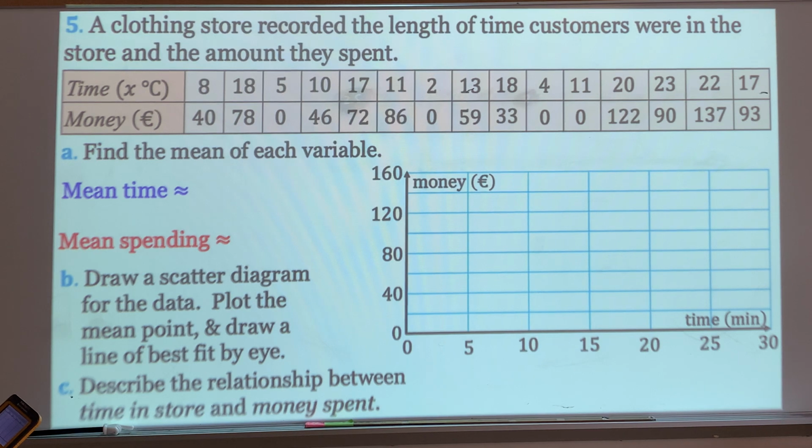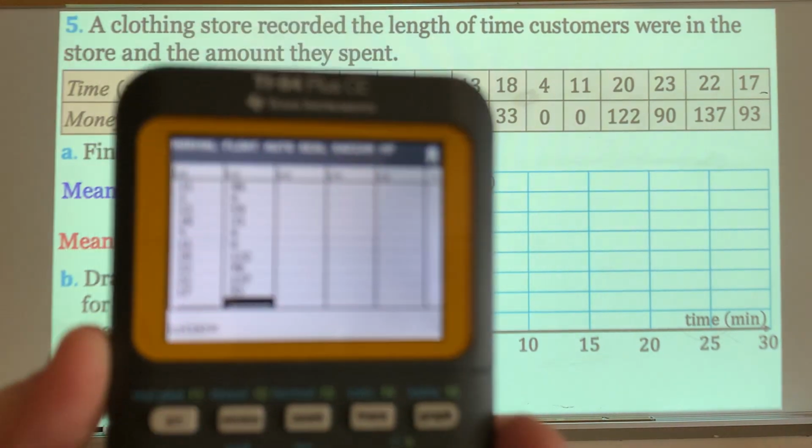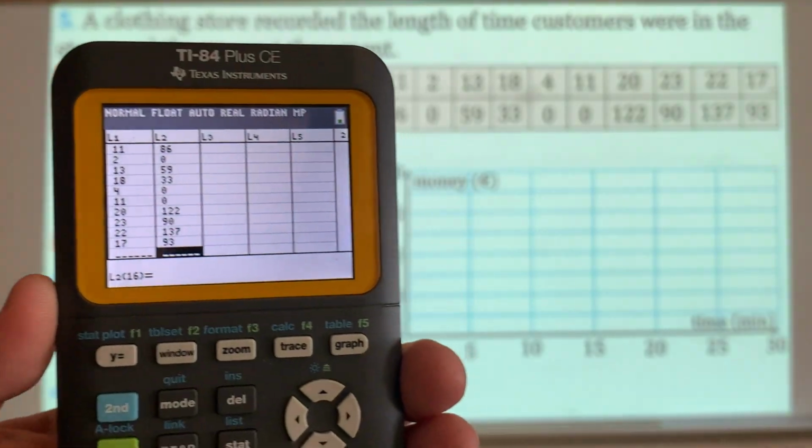Oh, that's 15. 0, 46, 72, 86, 0, 59, 33, 0, 0, 122, 90, 137, 93. All right. I've got all my numbers plugged in here.